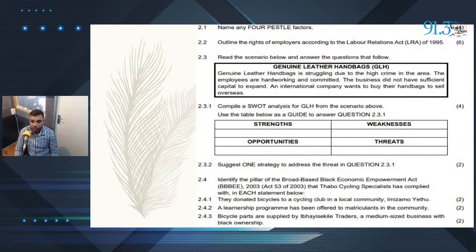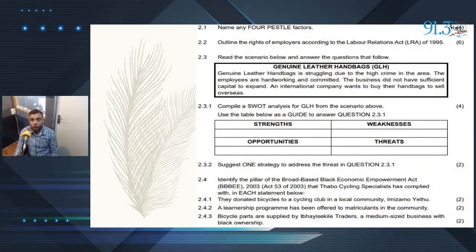I'll give you the 3 shortest answers that you can write down: form employer organizations, form a bargaining council for collective bargaining purposes, and employers have the right to lock out employees who engage in unprotected strikes. So that is the answer for 2.2. Remember, the keyword you're highlighting is employers. Again, I will provide the answers on the next slide.